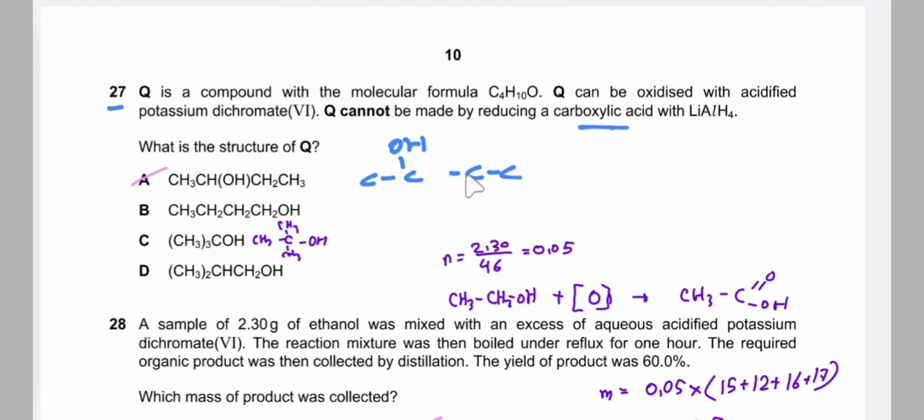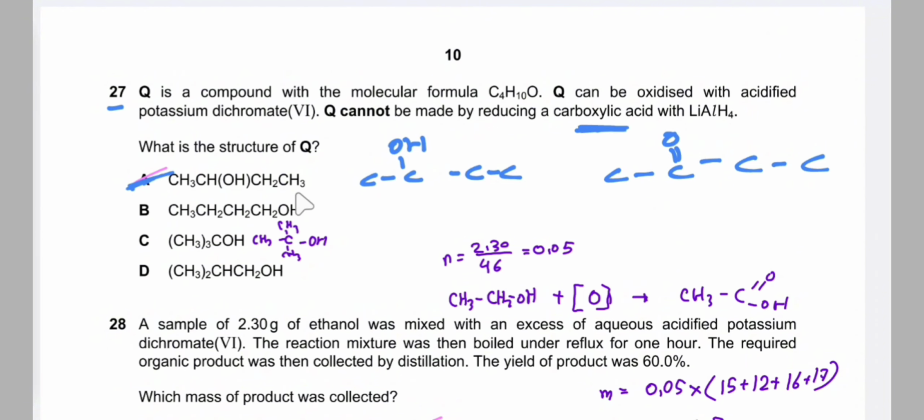So this is the structure of Q, and Q is oxidized with acidified potassium dichromate. So let's oxidize Q. So Q is oxidized to form a ketone. So the product is not carboxylic acid. So this could be the answer.